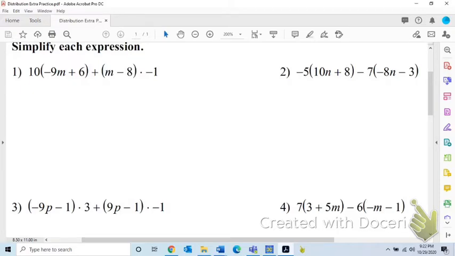So if anyone has completed all of their work, here's a kind of extension of that. It is all about distribution and combining like terms. They're kind of an extra bonus set, extra credit to get done, but they are harder.